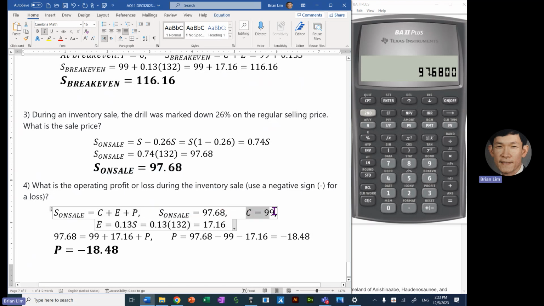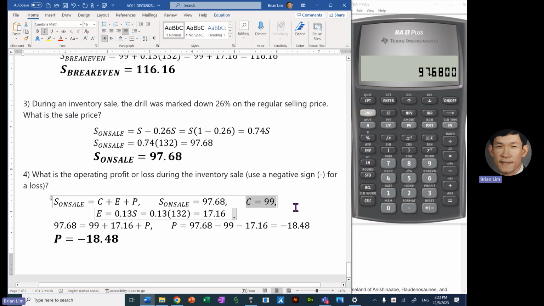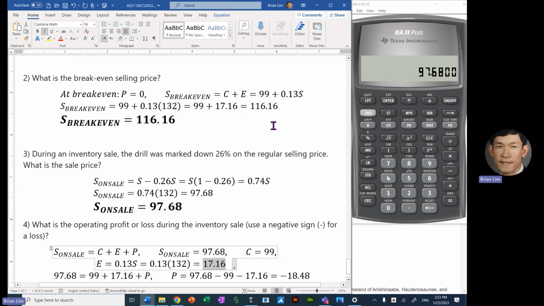The cost we know previously was $99, correct? So now let's calculate the expenses. We did calculate the expenses before, 0.13S, which is 0.13 times 132, and that will give us this $17.16, which is what we did right up here.